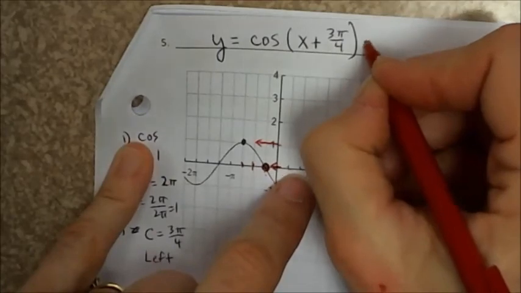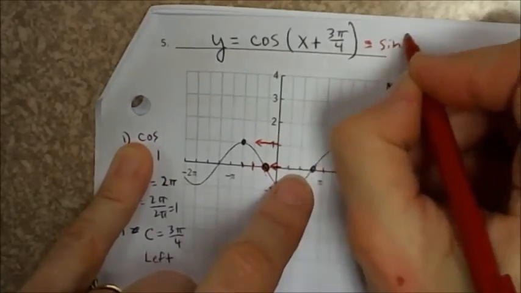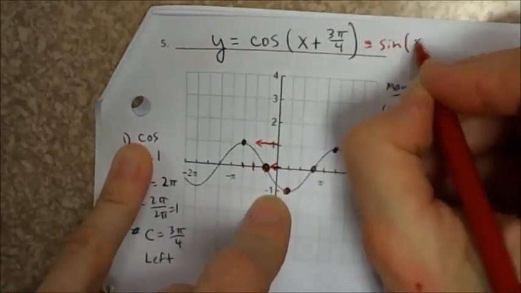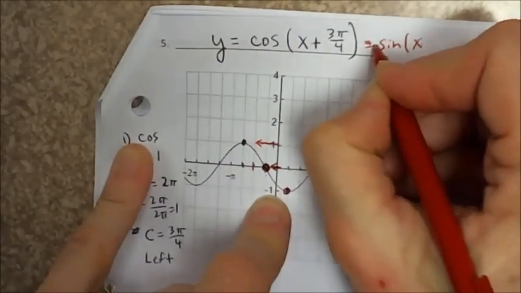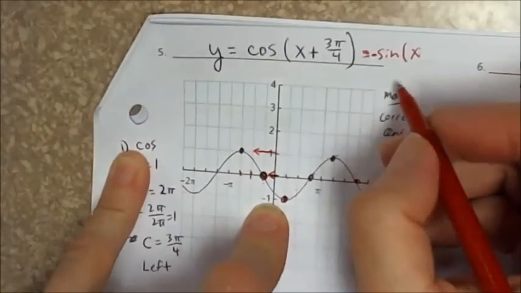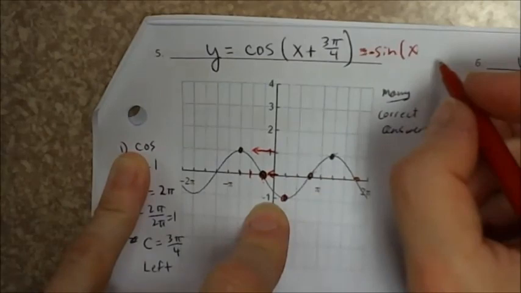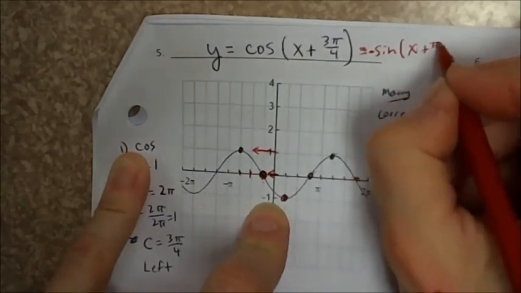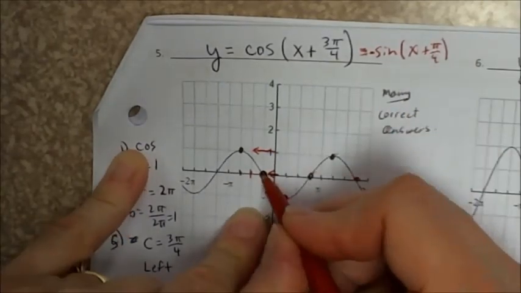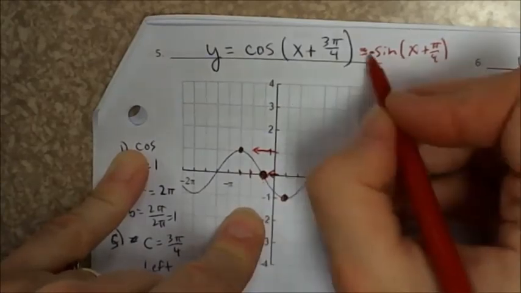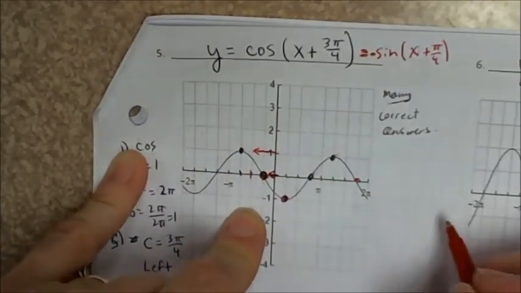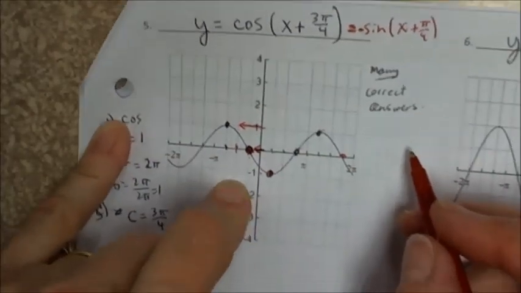So we can call this the same thing as negative sine of x plus pi over 4, because it's a sine curve shifted to the left pi over 4, and it's upside down, so that makes it negative. That's one way of saying it.